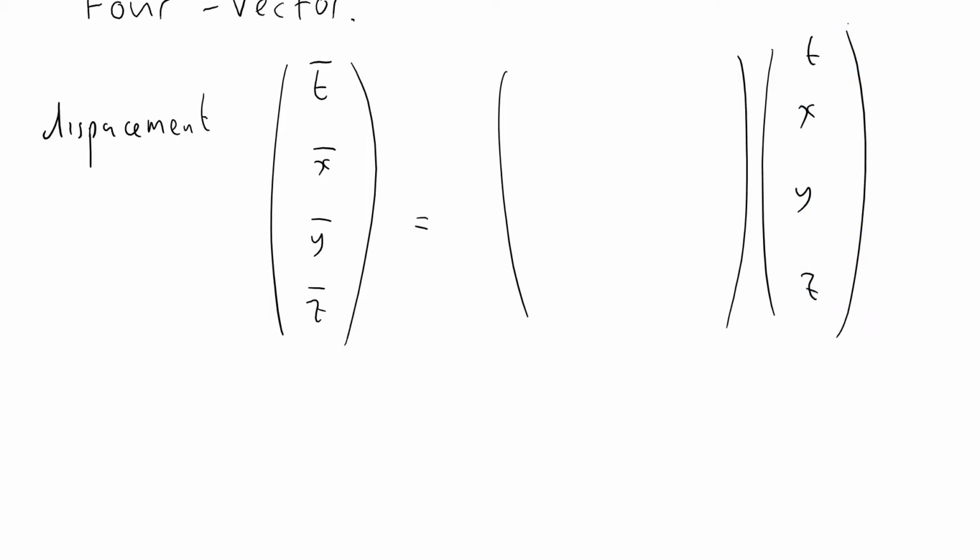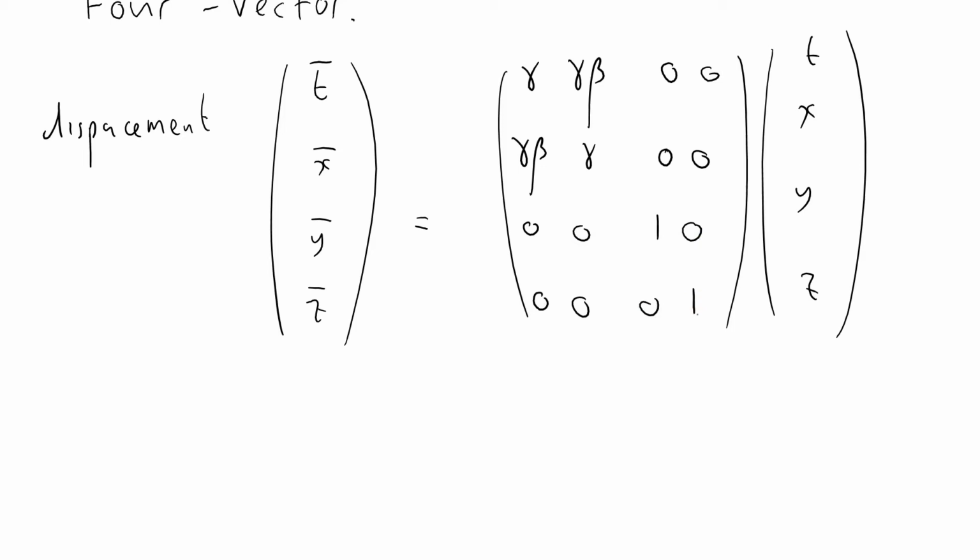The t bar and the x bar entries are just the familiar old gamma, gamma, beta and gamma, and then we pad it with zeros because we're moving in the x direction. And this bit down here is an identity matrix. So there we are, we've got displacement.